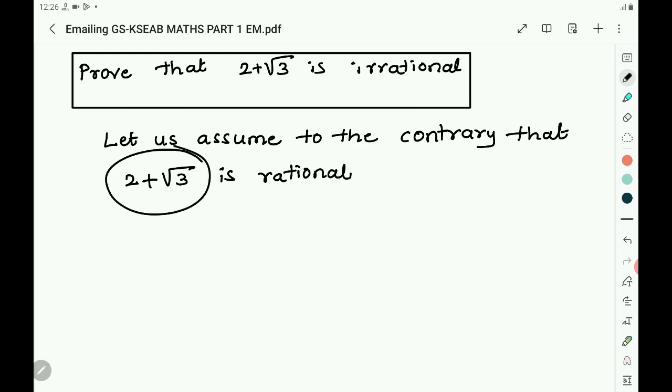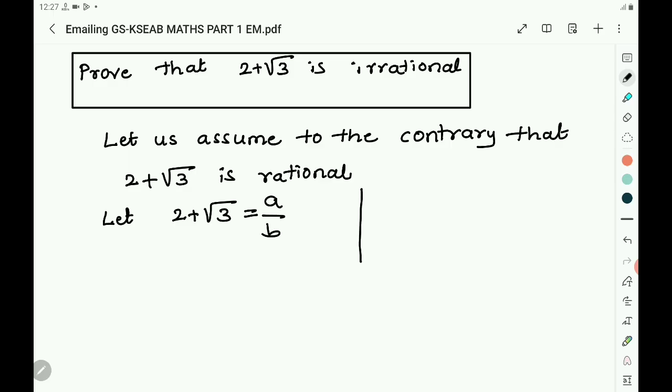As 2 plus root 3 is rational, you can express this in the form a by b, where a and b are positive integers and they are co-primes. So you write, let 2 plus root 3 equals a by b. What are a and b?